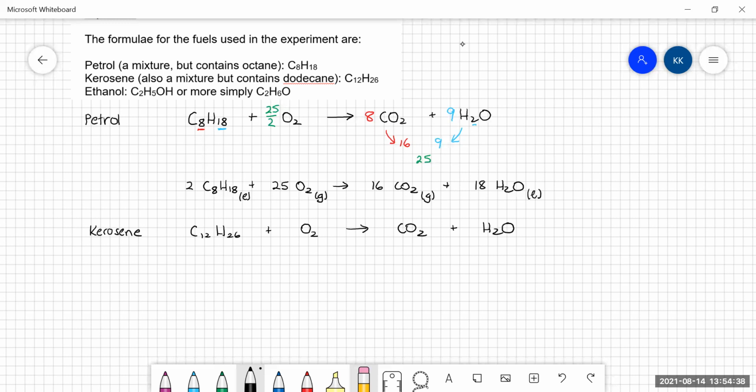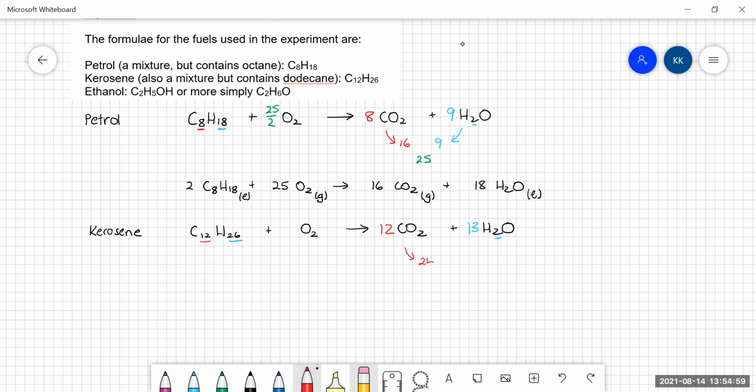Okay, now let's have a look, see how well you did. So 12 carbons in the fuel means 12 CO2s. 26 hydrogens means 13 H2Os. Remember, there's 2 hydrogens in every water. Tally the oxygens.